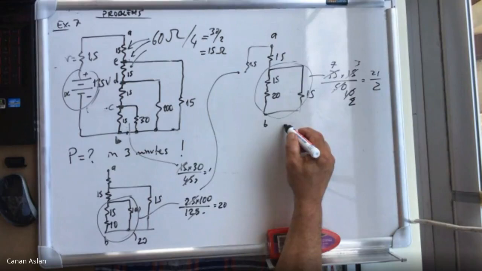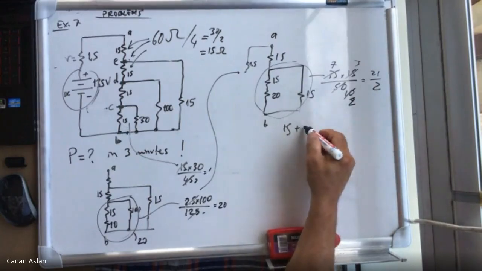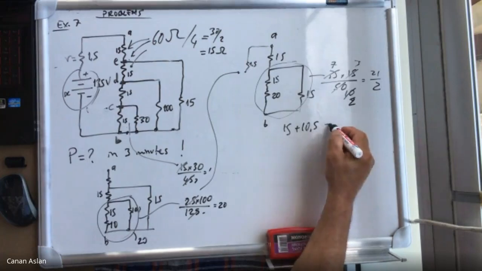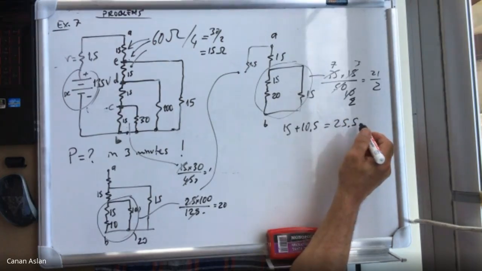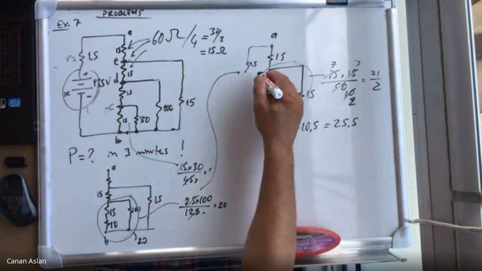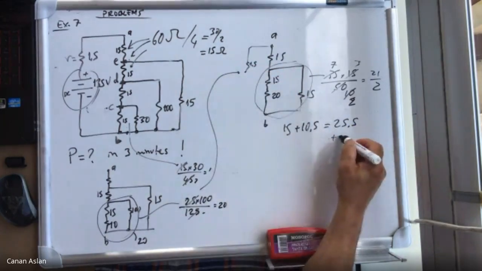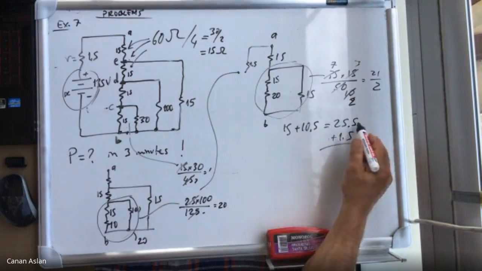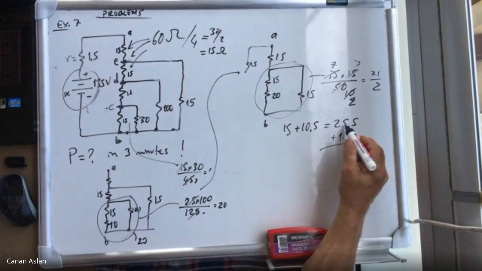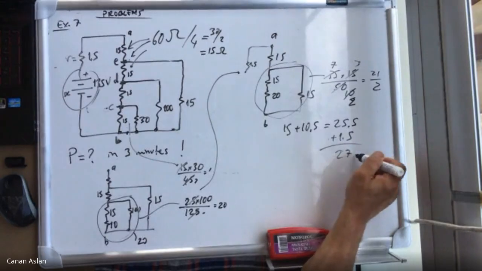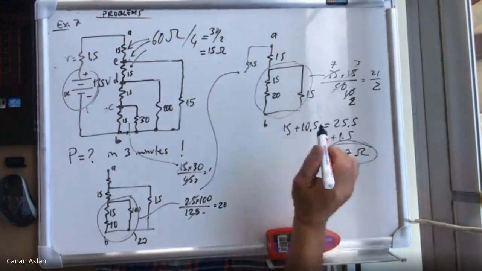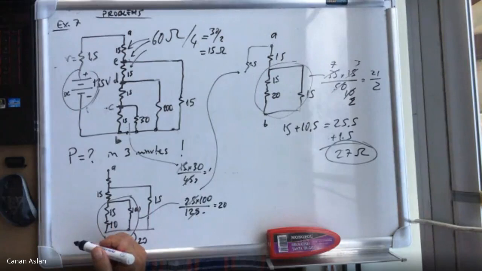So 15 plus 21 over 2, which is 10.5, okay? Now 25.5, okay? And then if you add 1.5 there, so you get 26 and 27. So the result is just 27 ohms.